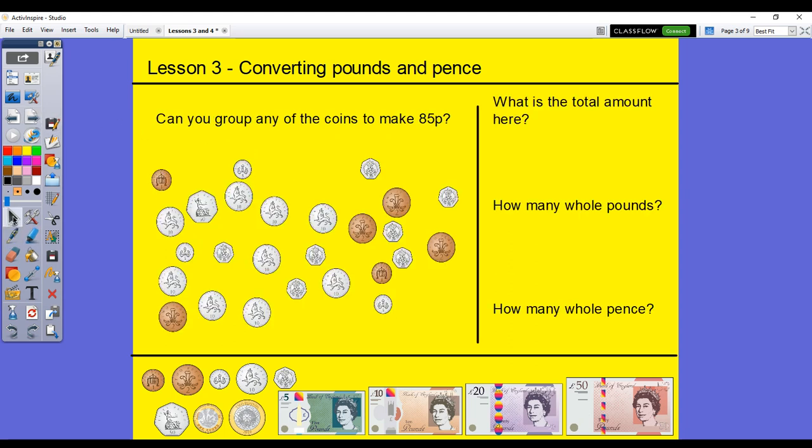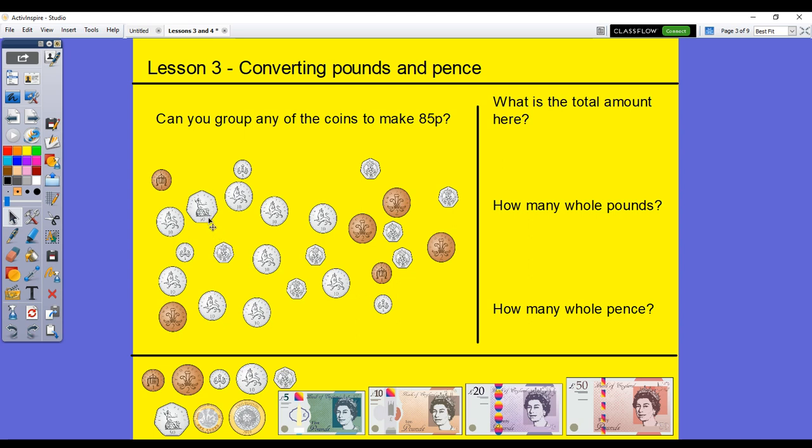Can you group any of the coins to make 85p? We've got a lot of coins here, and we need to group them to make 85p. I'm going to give you a tip. I'd always try and start with the highest coin or the note. We haven't got any notes here, so we'll start with the highest coin. We've got a 10p, 20p, 5p, 2p, 1p, and a 50p.